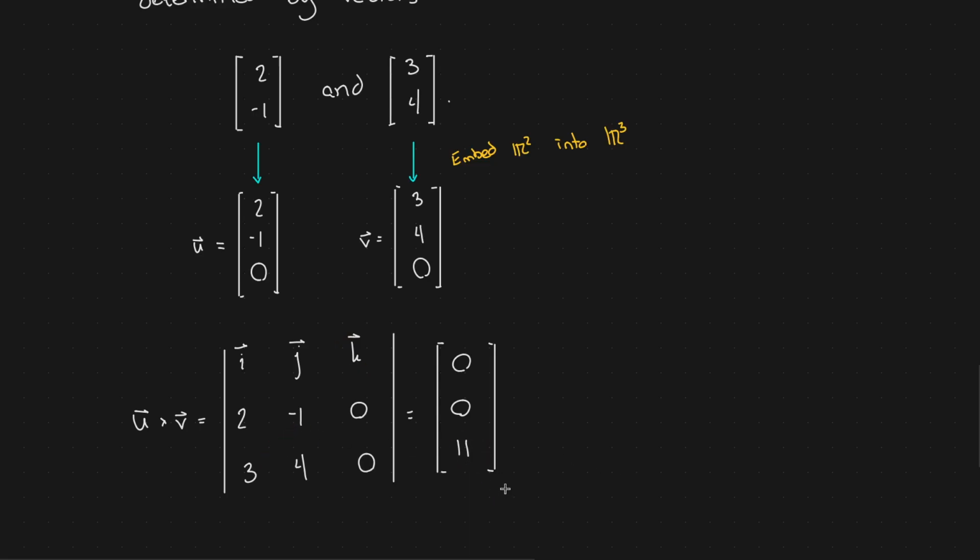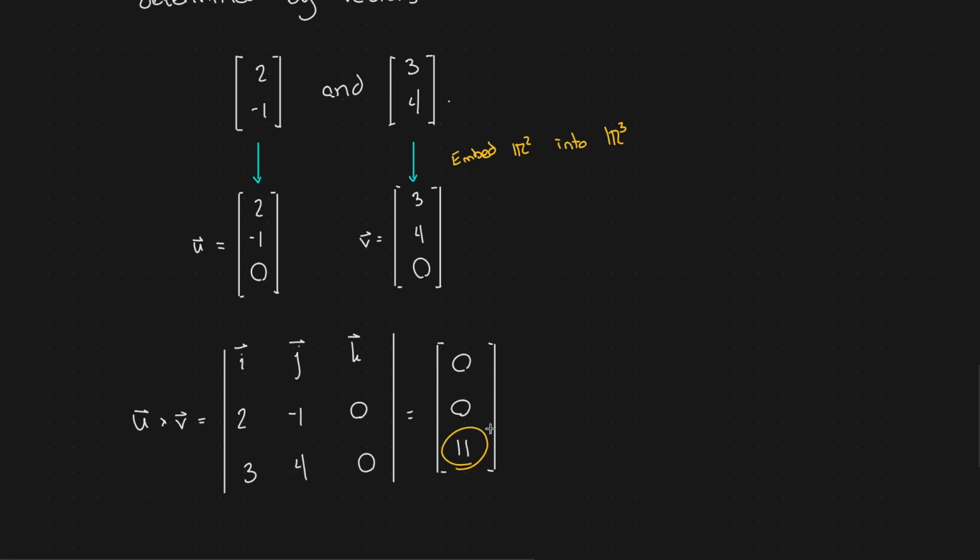Because whenever we embed two-dimensional space into three-dimensional space, we'll always get that 0 as the last component, that z value. Whenever we embed two-dimensional vectors in three-dimensional space and take their cross product, the first two components will always be 0. It's just the last component that will not be 0.